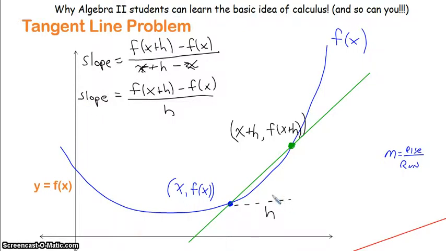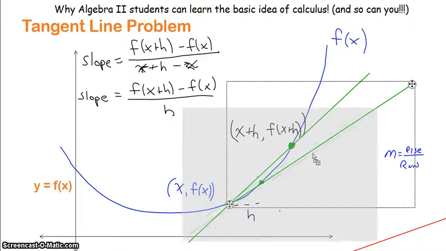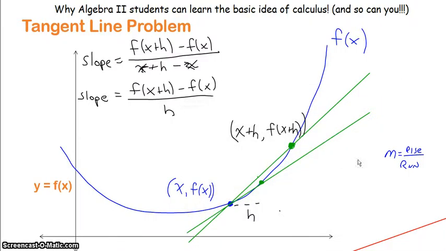And here's where calculus comes in. Calculus says, well, what happens if we make h really small? Let's right now make h only half as big. So I'm going to make it that much further. That would give us a new value here, which we then could draw a new tangent line, and we get a little bit more accurate as far as the slope of that tangent line.